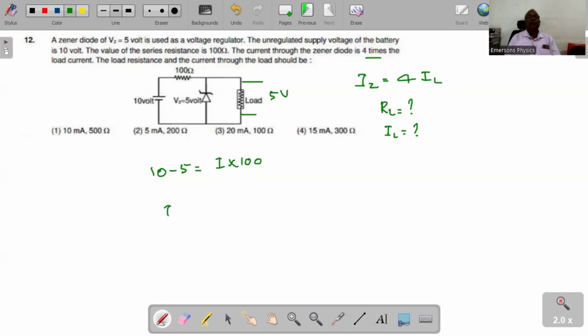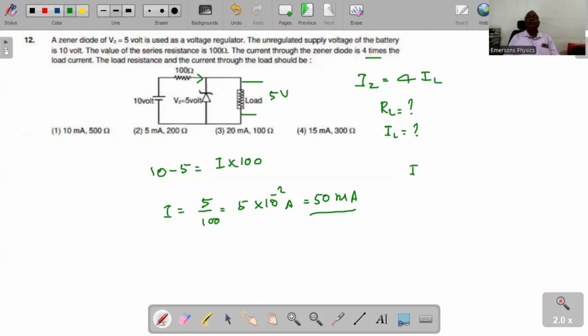It is clear I will be equal to 5 by 100, which is 5 into 10 to the power of minus 2 ampere, or 50 milliampere. So we got the value. The current flowing through the circuit is given to us.